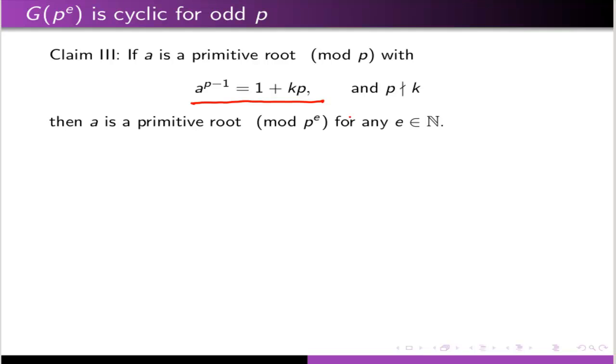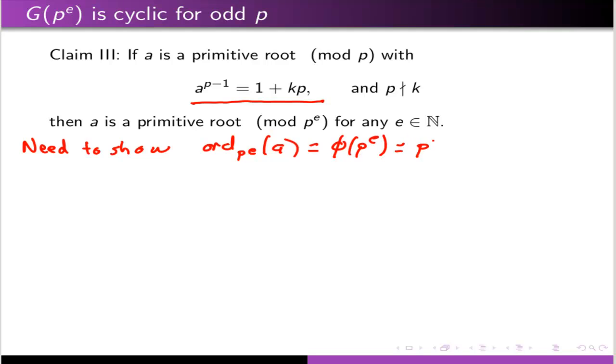We need to show that the order mod p to the e of a is the order of the group, which is the Euler phi function. So that's p to the e minus p to the e minus 1.